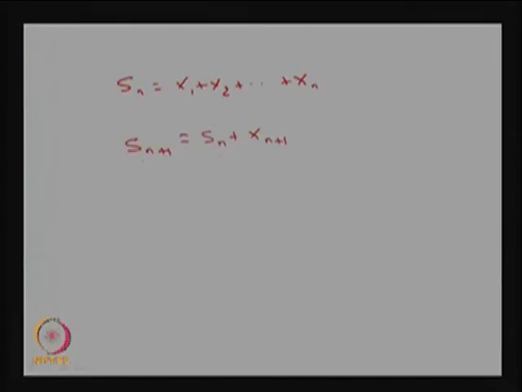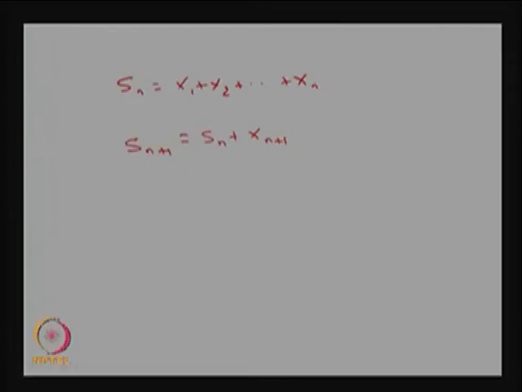That means Sn plus 1 is the combination of two independent random variables, where Sn is how many heads appeared till the nth trial, plus whether the next is a head or a tail, accordingly this value is going to be 0 or 1. Therefore, if you see the sample path of Sn plus 1, it will be incremented by 1 if Xn plus 1 takes the value 1, or it would have the same value as earlier if Xn plus 1 takes the value 0.